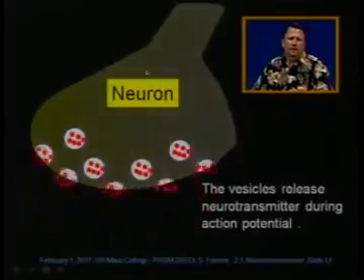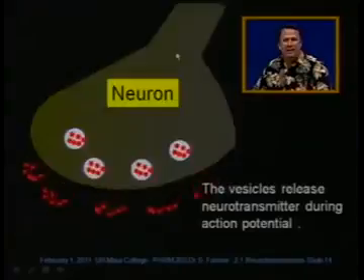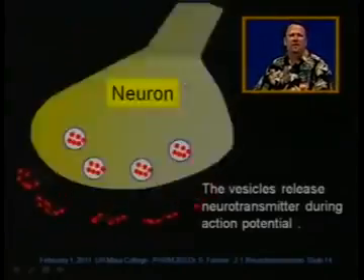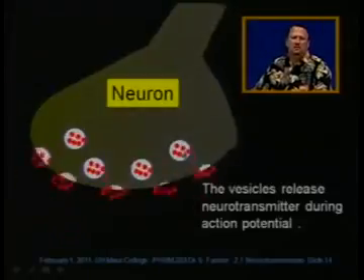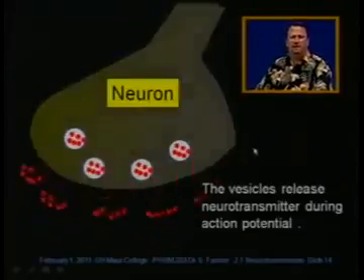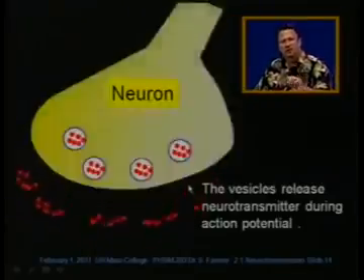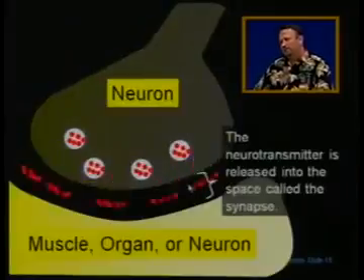So when the neuron fires, when the neuron has an action potential that goes down the axon to the end of the neuron, this action potential causes the vesicles to release neurotransmitter into the synapse. And so these little red dots are the neurotransmitter being released from the neuron.